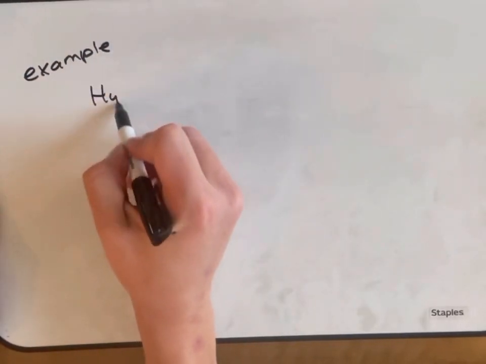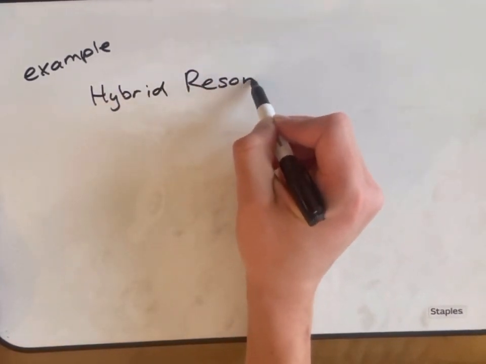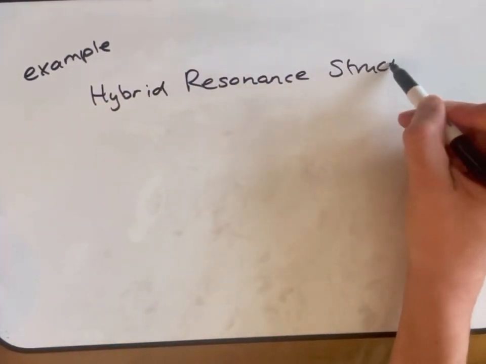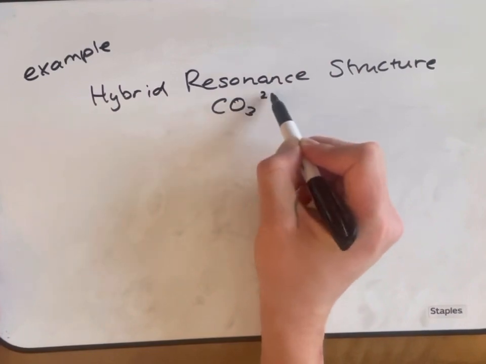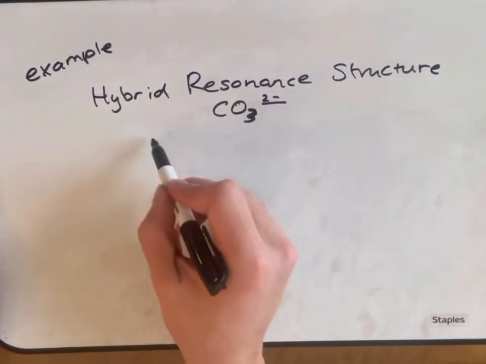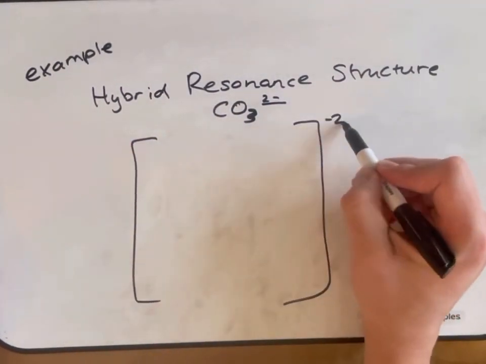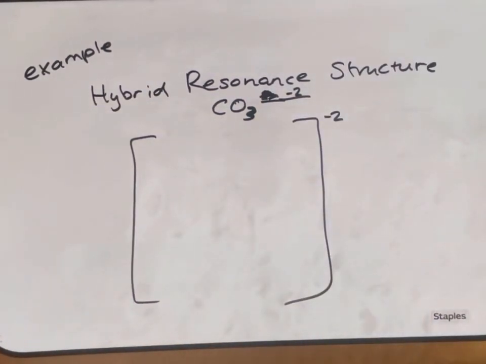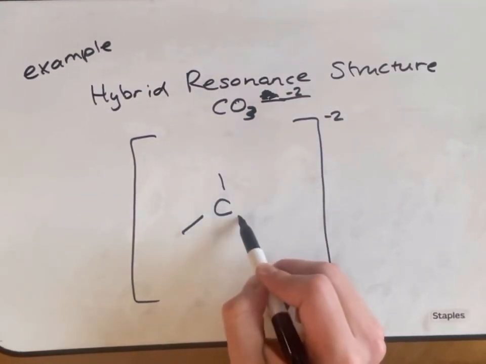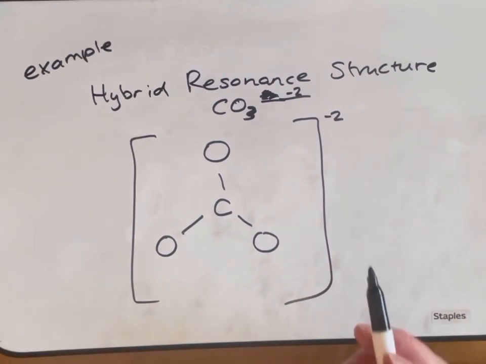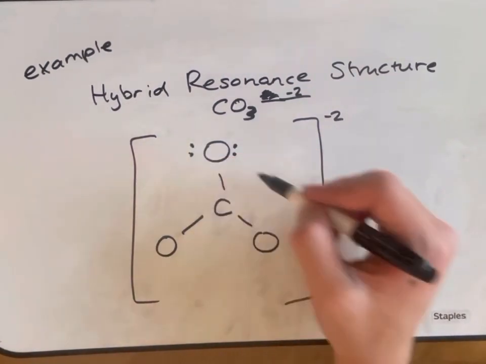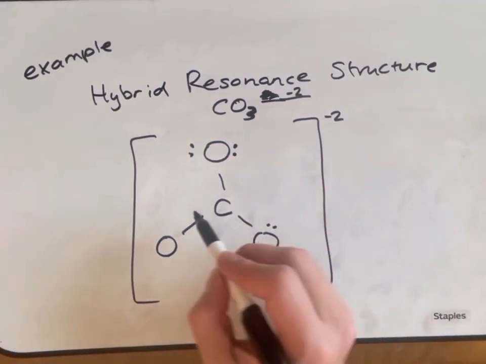So here's an example. We're going to do a hybrid resonance structure of CO3 2-. It's very similar to a regular resonance structure, but we're going to put all versions into one. So we're going to put C in the middle and O's on the outside, making sure to give our dots correctly, just like a regular Lewis structure.